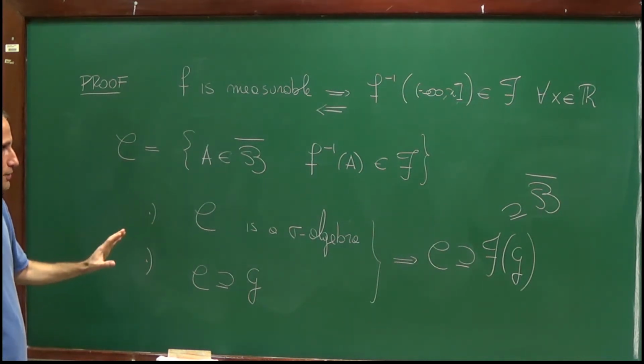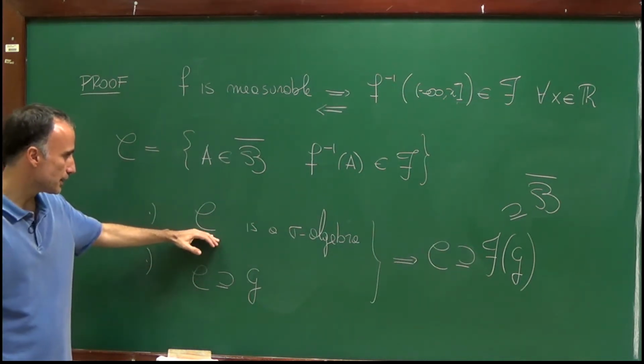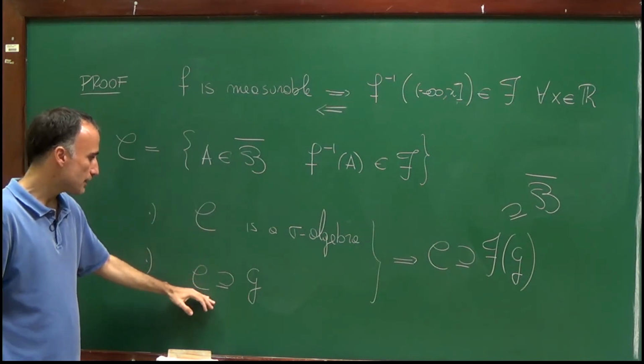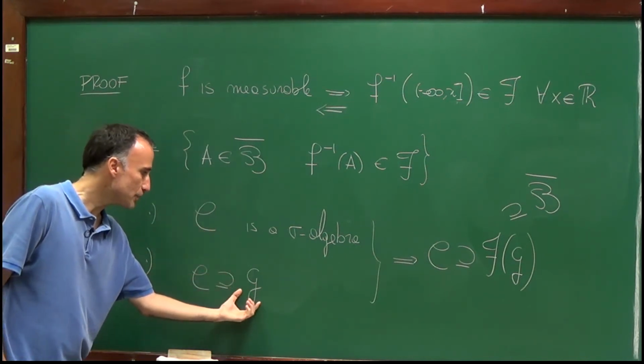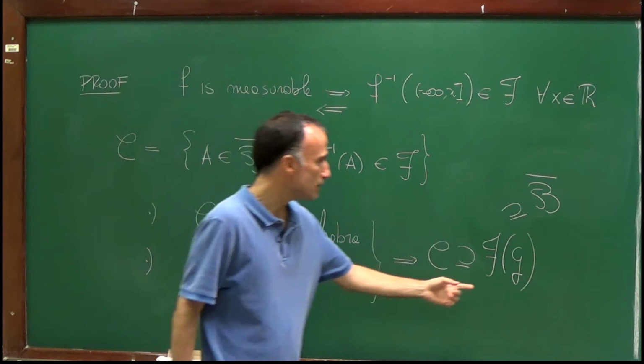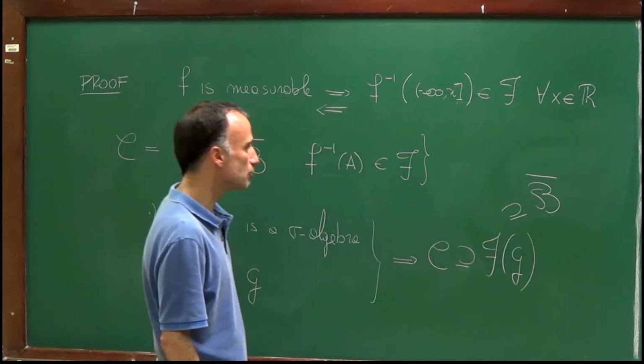So the strategy of this proof is to show that C is a sigma algebra and that C contains a family of sets which generate the extended Borel sigma algebra.